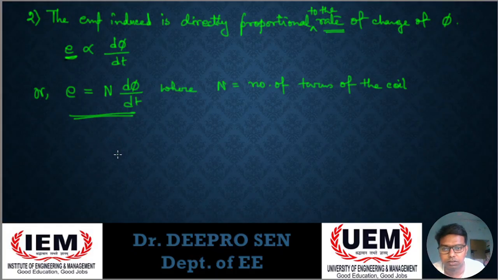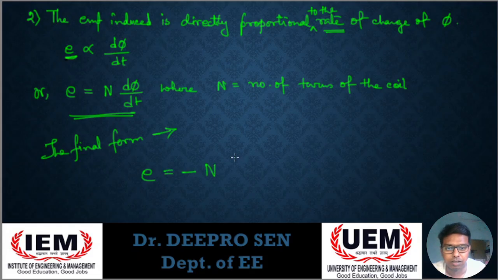One more thing, this expression is not the final form. The final form is a little bit changed. I'll come to that. That is E equal to minus N d phi by dt.